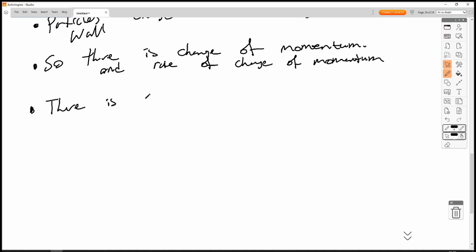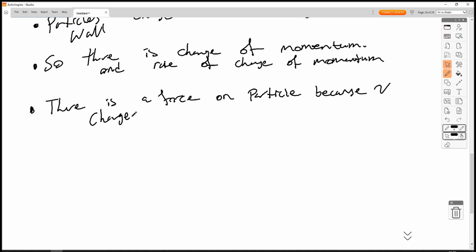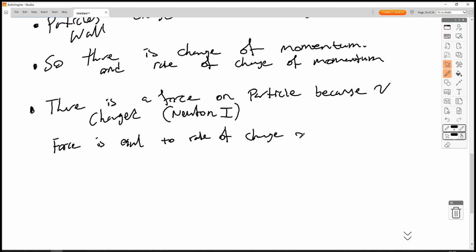So there is a force on the particle because velocity changed, and that comes from Newton 1. And the force is equal to rate of change of momentum, which comes from Newton 2.